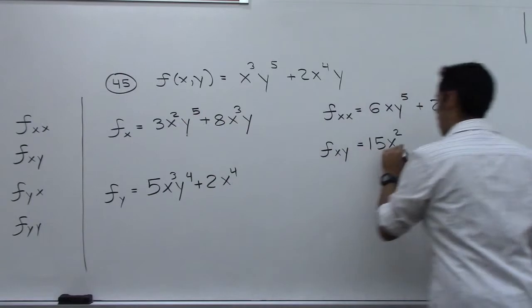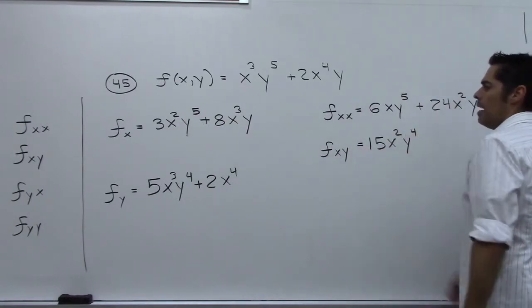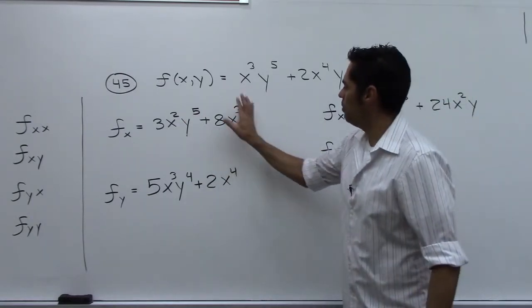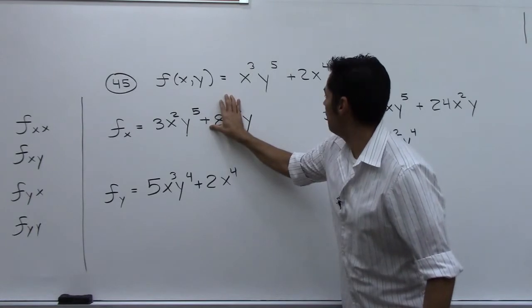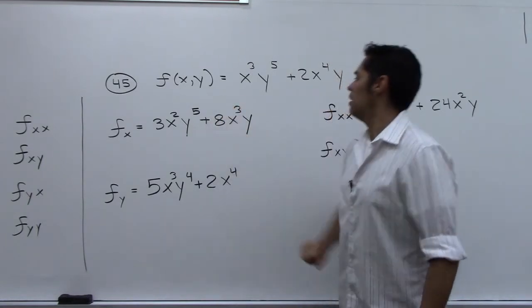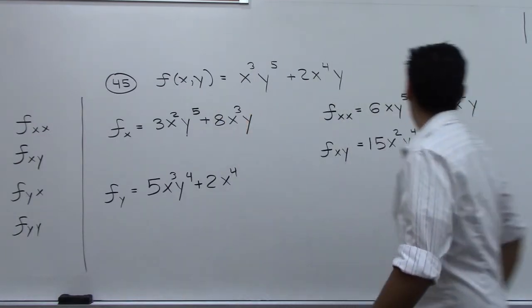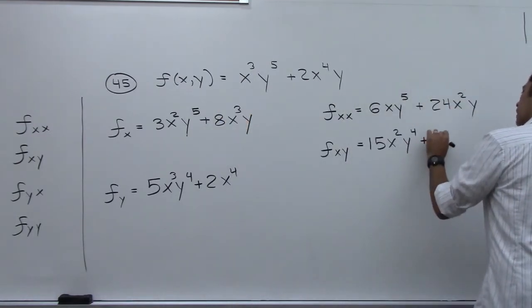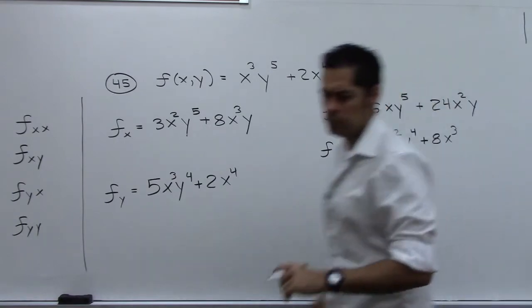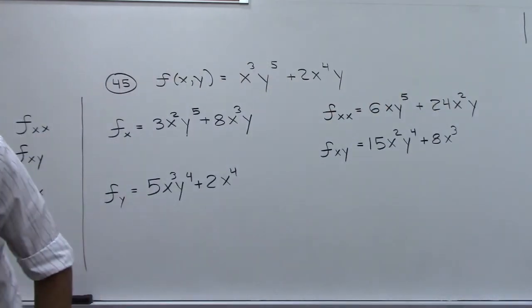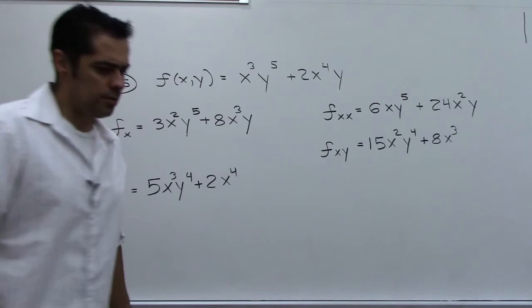This power came down, y to the fourth. And then over here, cover up the 8x cubed. Derivative of y is going to be 1, so we just get plus 8x cubed. See what that is.